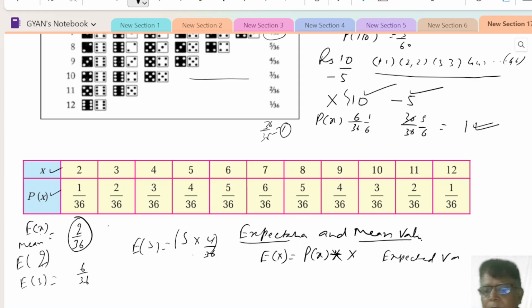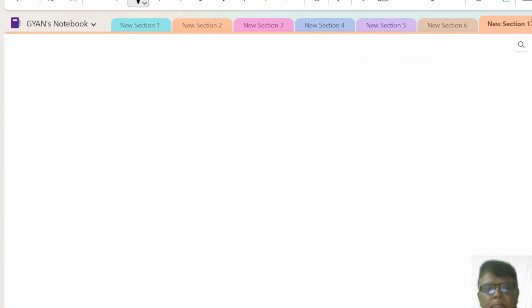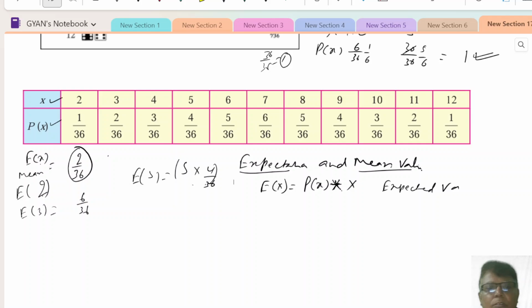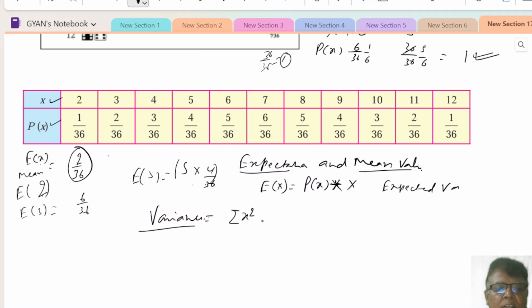So what is the formula for variance? Variance you have studied in statistics. That is sigma x square divided by n minus mean square. That you have already studied.